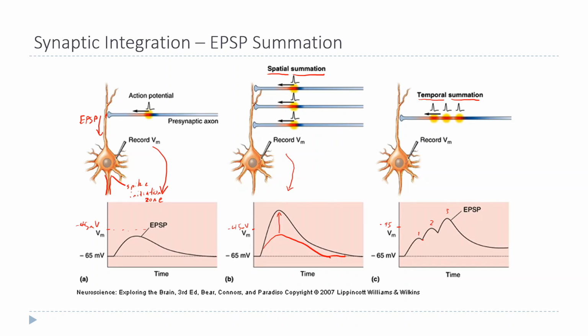Because if the EPSP becomes weaker as it gets further away from the synapse, then synapses that are farther away from the spike initiation zone are going to have a harder time generating an action potential by themselves than those that are closer up. So synapses positioned closer to the spike initiation zone are going to be more effective at driving action potentials than those that are further away.